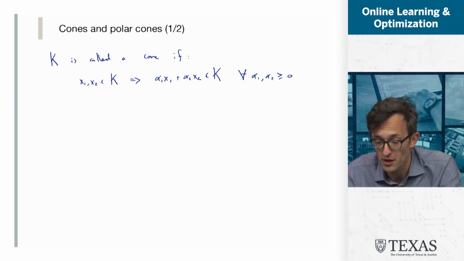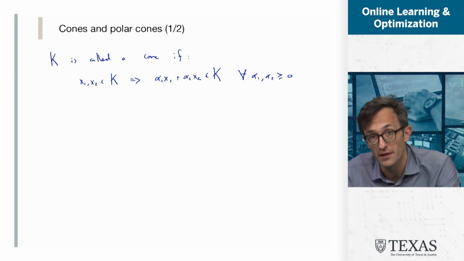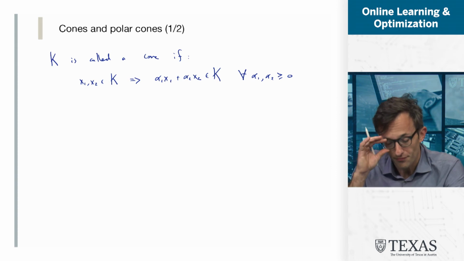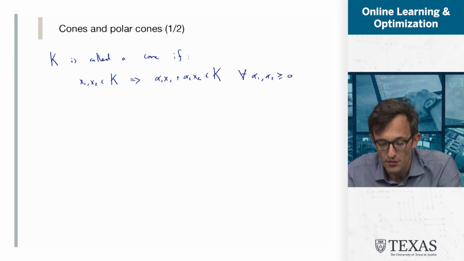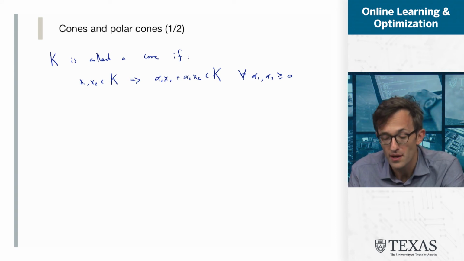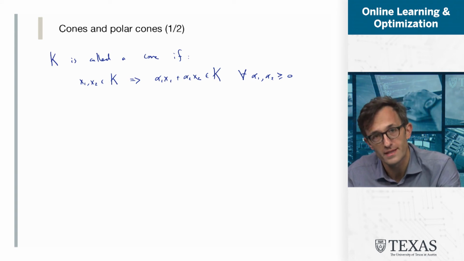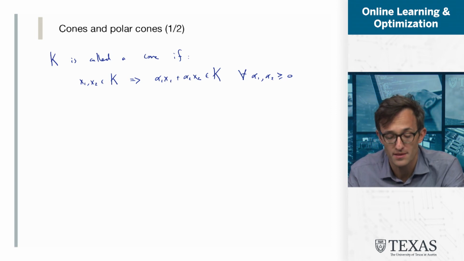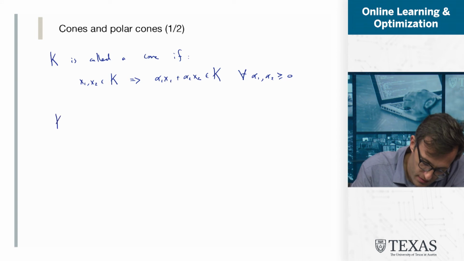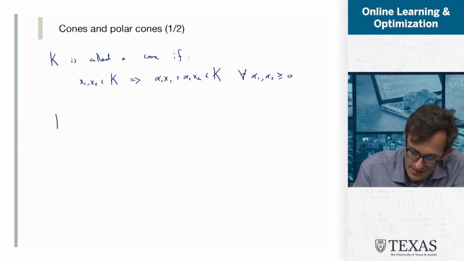So 2 things you should check for yourselves: first of all, this does not mean that it's a subspace, and that's just because we're not allowed to add negative values. But on the other hand, any subspace certainly satisfies this property and therefore is a cone. In addition, since this holds for any non-negative alpha 1 and alpha 2, it also holds for alpha 1 and alpha 2 that sum to 1. And therefore, a cone has to be convex. So let me draw a cone. It's exactly what it sounds like.